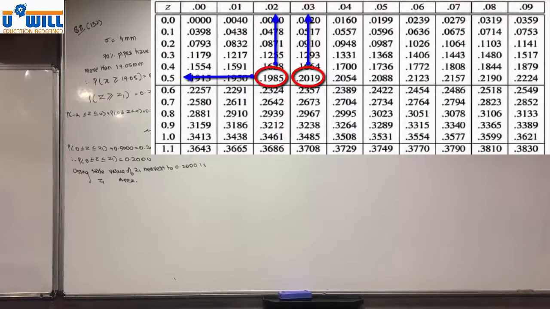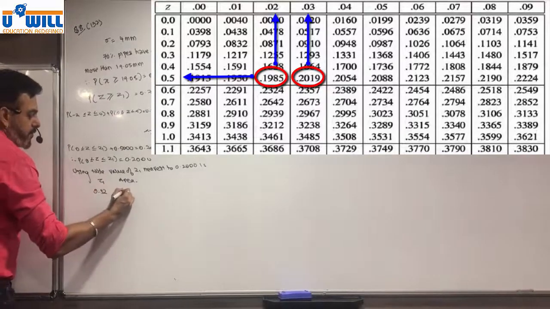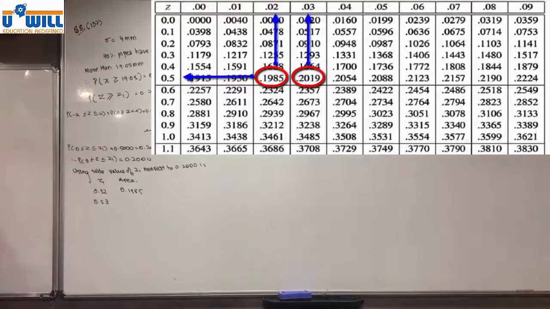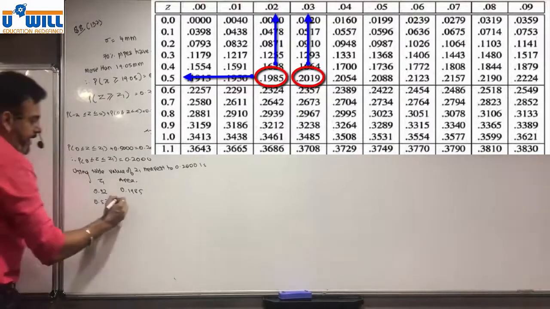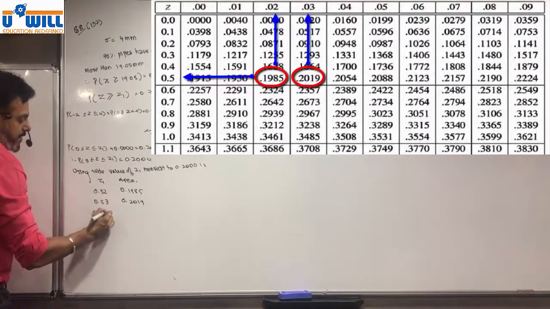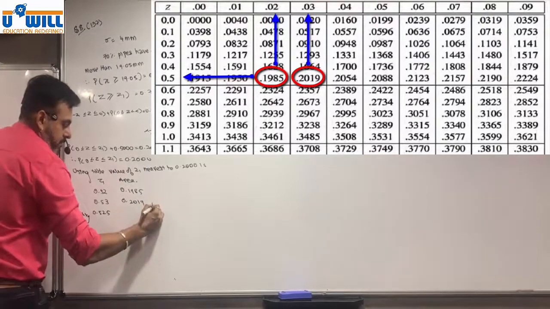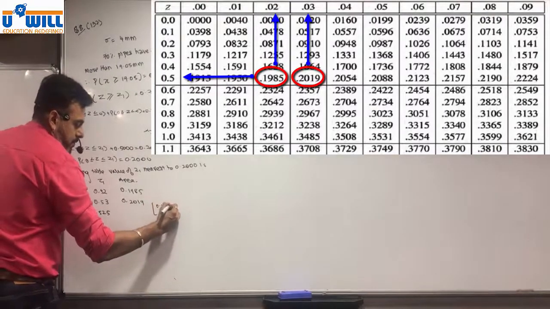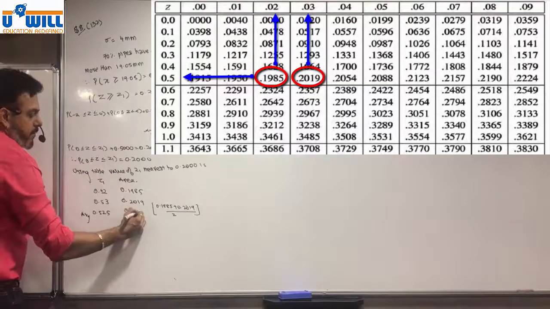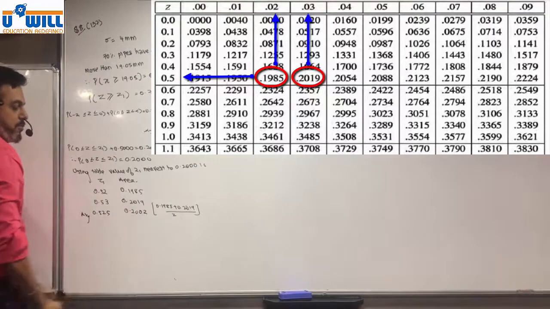The area 0.2 is at 0.52, which gives 0.1985, and at 0.53, which gives 0.2019, and 0.525, which is the average, gives 0.2002.